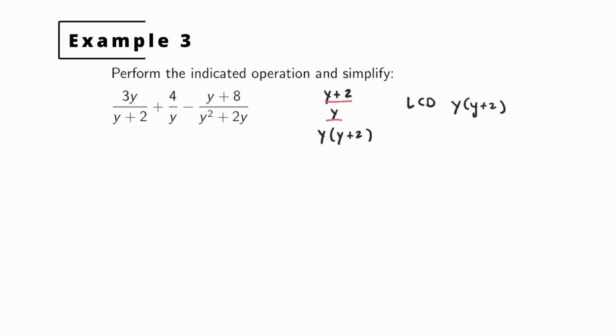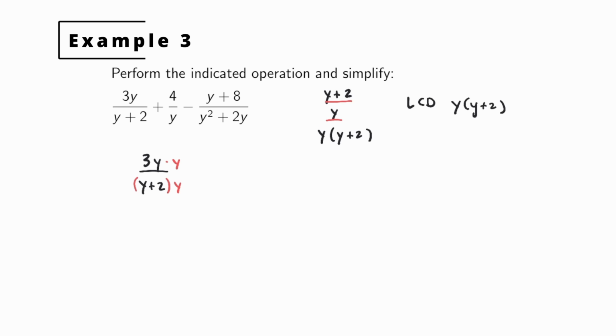So now we need to rewrite each term as an equivalent rational expression by multiplying the numerator and denominator by the missing factors that are in the LCD. So for the first one, we have 3y over y plus 2. The missing factor from the LCD is y. So we multiply the numerator and denominator by y.